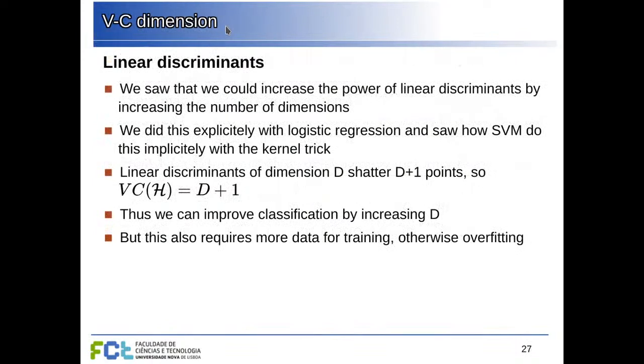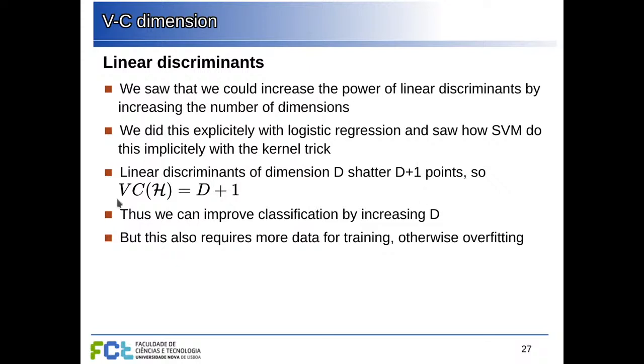And we saw this when we looked at expanding the number of dimensions to use linear discriminants to solve more complex problems. So for a linear discriminant in dimension D, we can shatter D plus 1 points. If you have a linear discriminant in 2 dimensions, you can shatter 3 points. If it's in 3 dimensions, you can shatter 4 points, and so on.